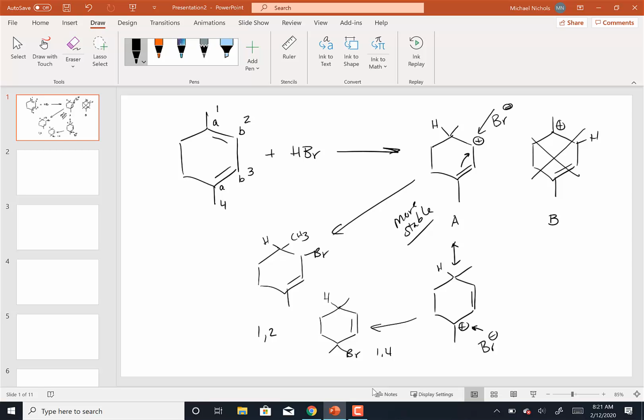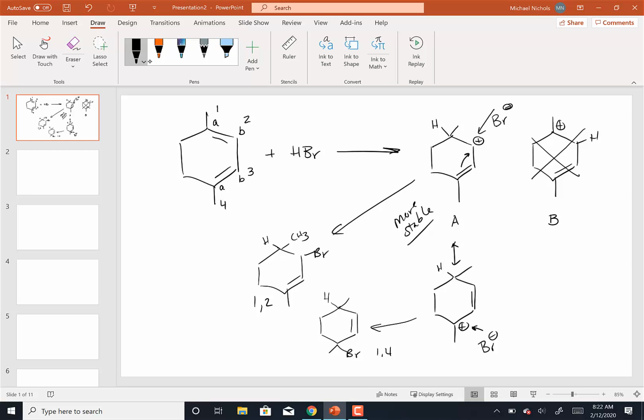Which one is thermodynamic? We just have 1,2 and 1,4.